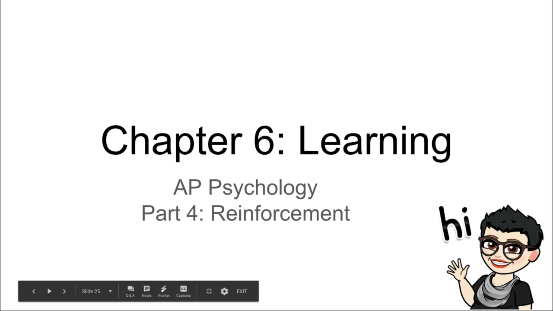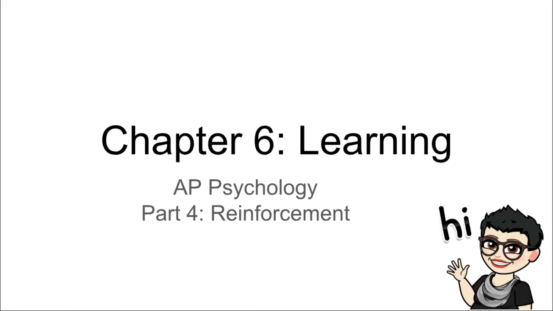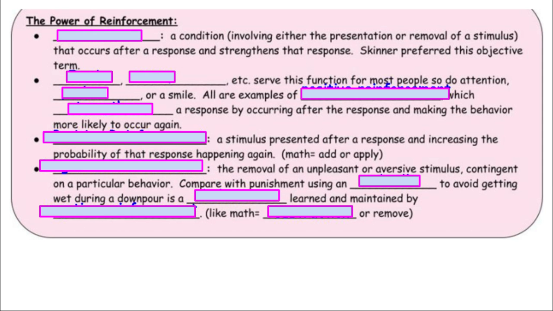I have notes for Chapter 6, Learning, and we're going to talk about reinforcement. So, the power of reinforcement. Reinforcement or reinforcers are a condition involving either the presentation or removal of a stimulus that occurs after a response and strengthens that response. And B.F. Skinner preferred this objective term.